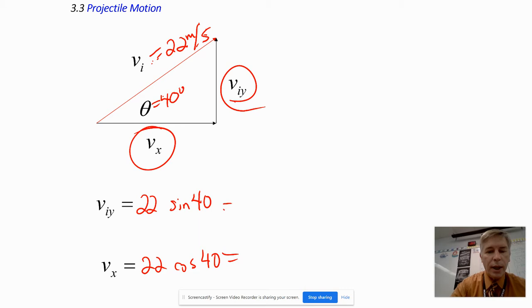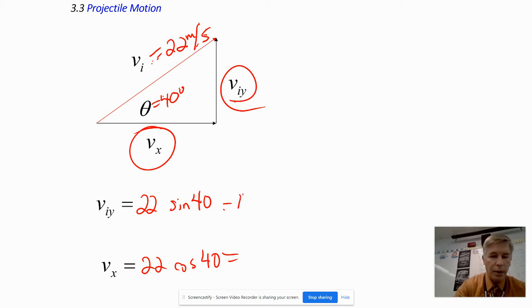So we've done this already. Handy dandy calculator here. Make sure you are in degree mode. And 22 times the sine of 40 gives me my 14.1413. And my 22 times the cosine of 40 gives me my 16.853.